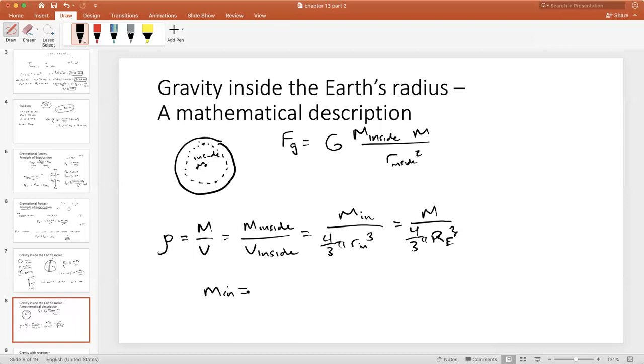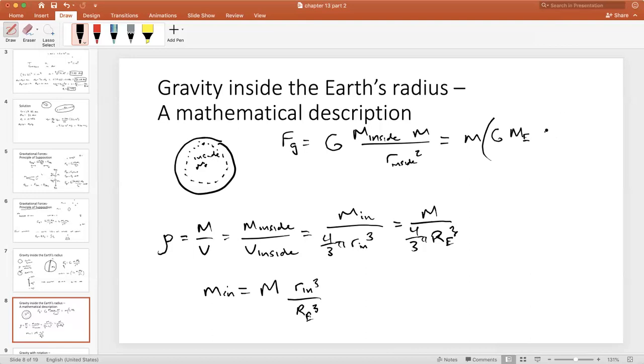So M inside is simply, if I multiply through by 4/3 pi r inside cubed, the 4/3 pi cancels. And what I get is M r inside cubed over R of the Earth, the total R cubed. If I plug this in for M inside, so my mass is G times big M, M of the Earth, I should say.